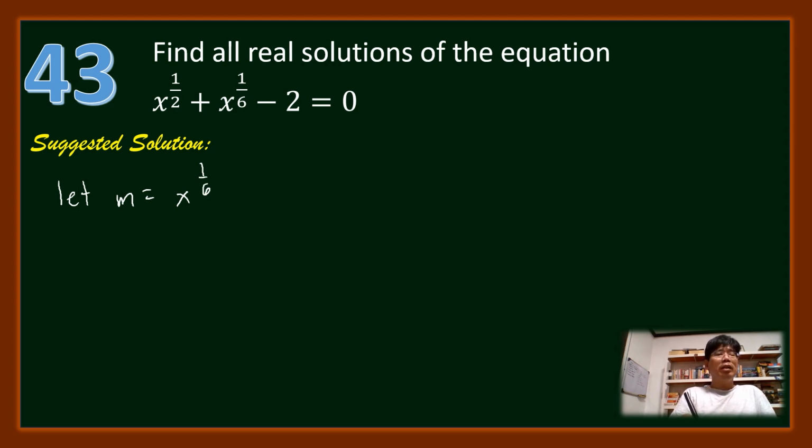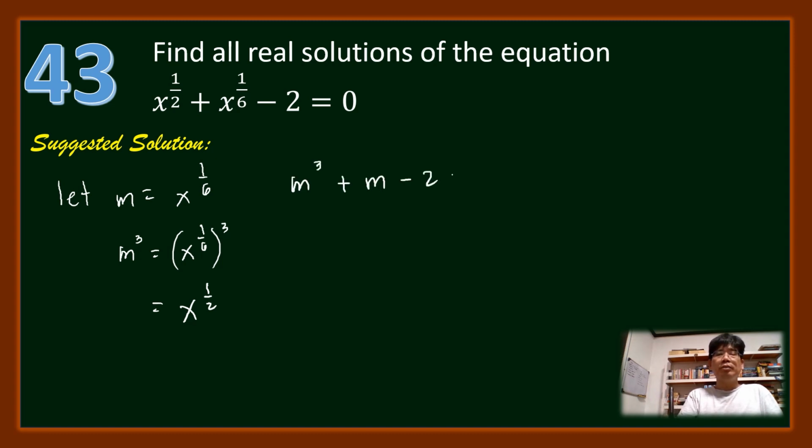Therefore, m cubed is equal to x raised to 1 over 6 raised to the third power, or this is equal to x raised to 3 over 6, that's 1/2. Substituting these values, we can rewrite the equation as m cubed plus m minus 2 equals 0.